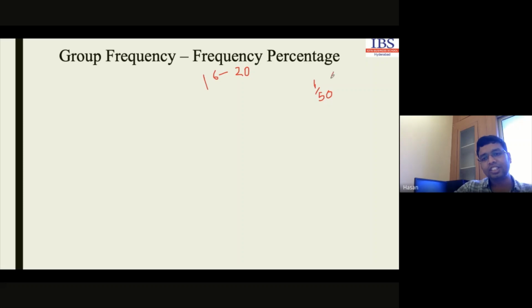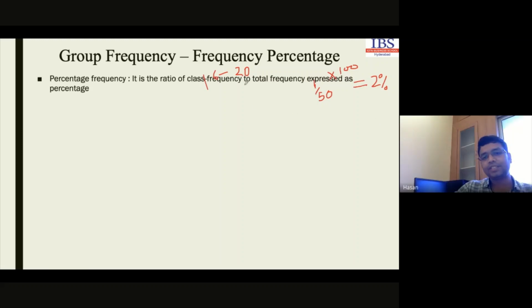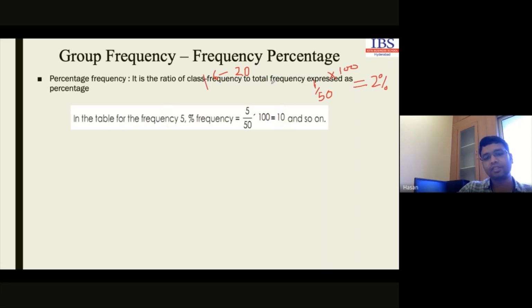Then if we convert it to 100, it will be 2%. Clear? Yes, sir. Ratio of the class frequency to total frequency expressed in percentage. Okay, this is the formula.